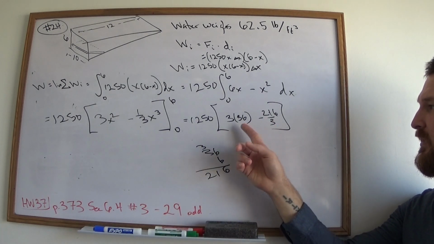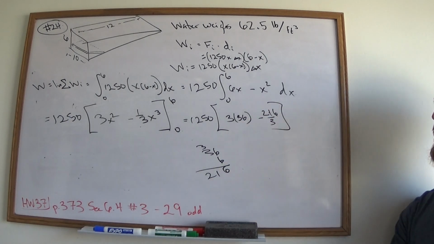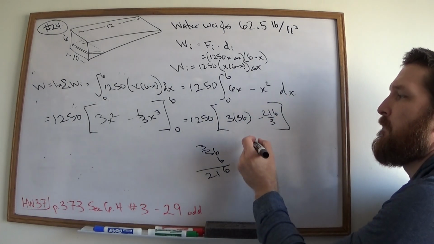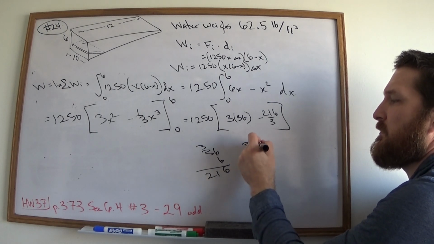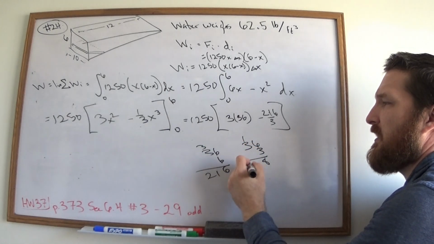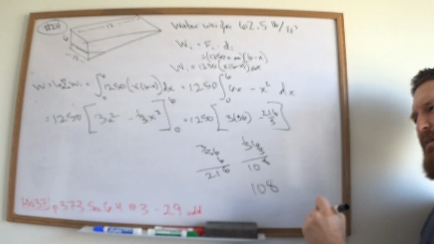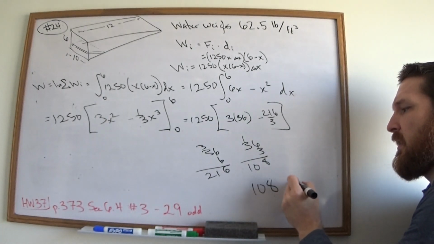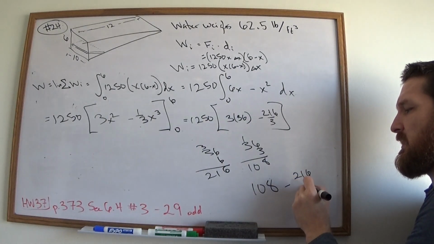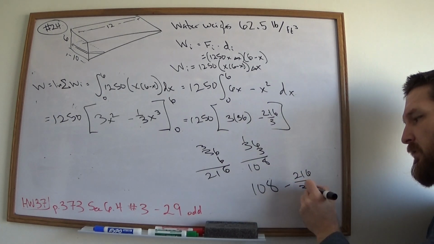It does look like that should be positive. Let's just make sure. 3 times 36 is 108. 108 minus 216 over 3, and 216 over 2 would be 108, so 216 over 3 is less than 108.